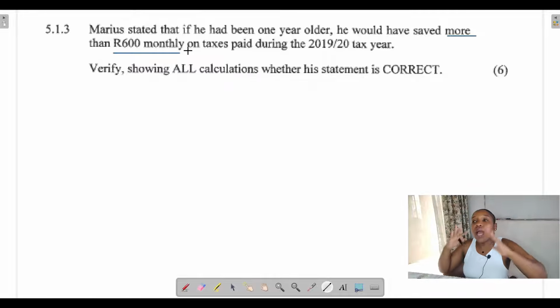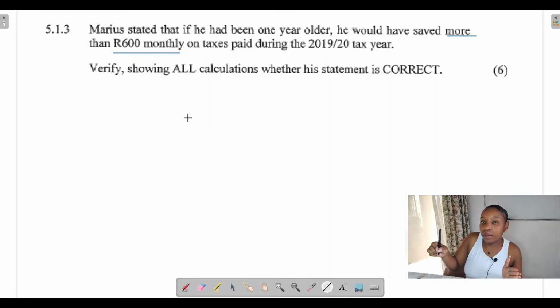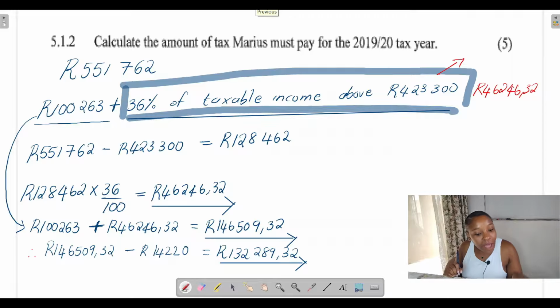So now, how do we start this calculation? We first need to check how much Mr. Marais is currently paying monthly for his tax. When we go back to the question that we just did, we calculated that per annum, for the year 2019 to 2020, Mr. Marais pays 132,289.32.